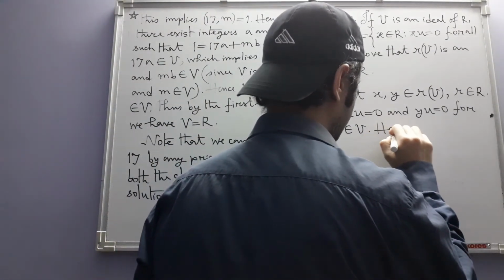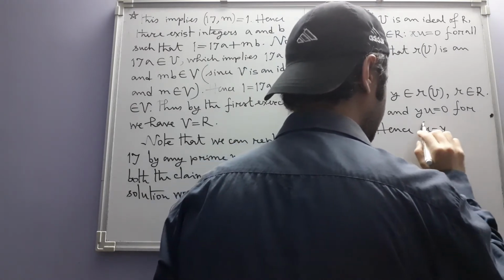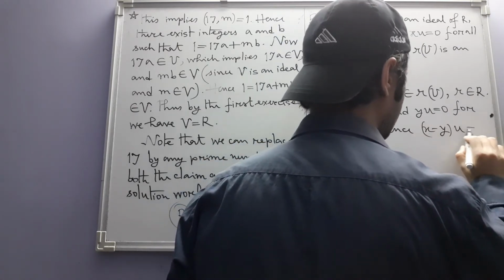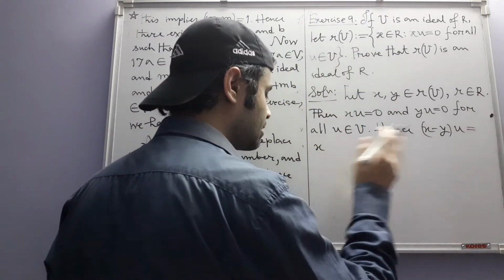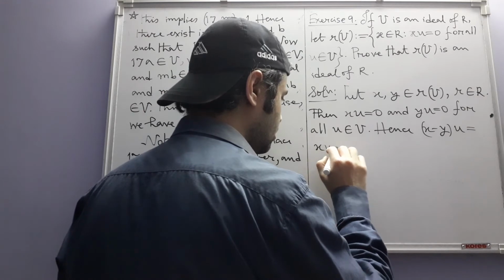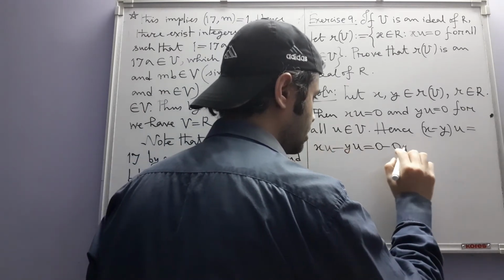Hence X minus Y times U in our ring, using all the ring theoretic properties, turns out to be equal to XU minus YU, which is nothing but 0 minus 0.